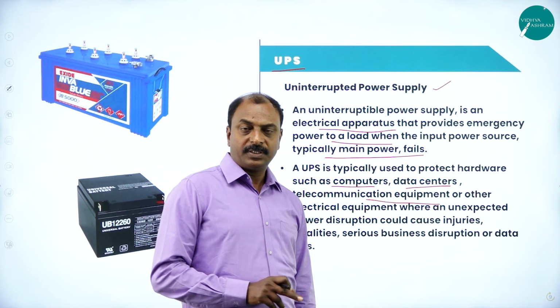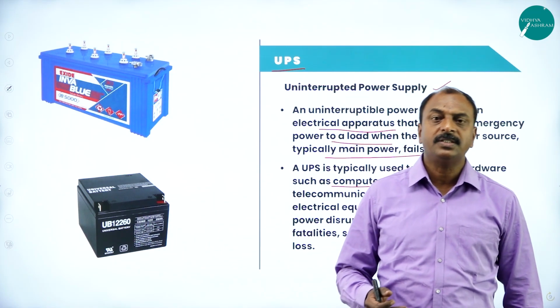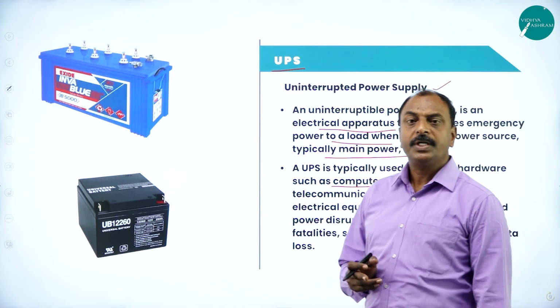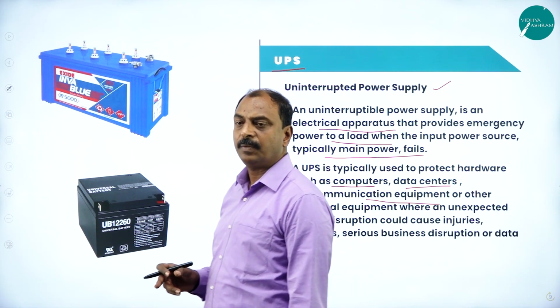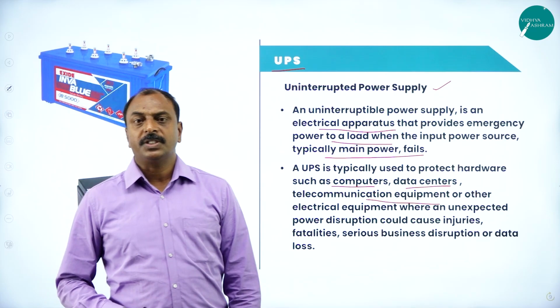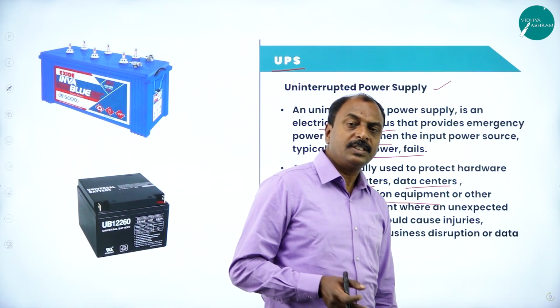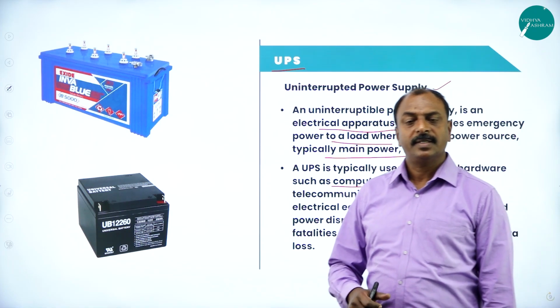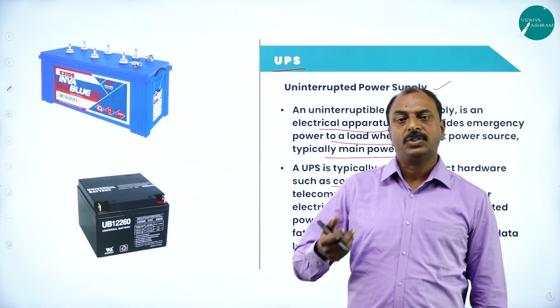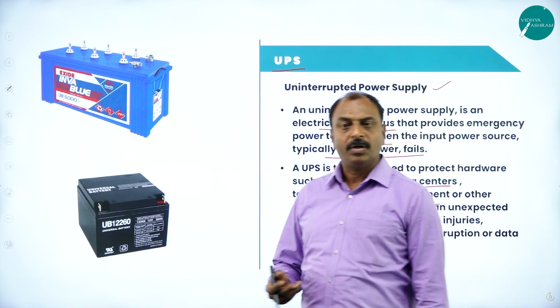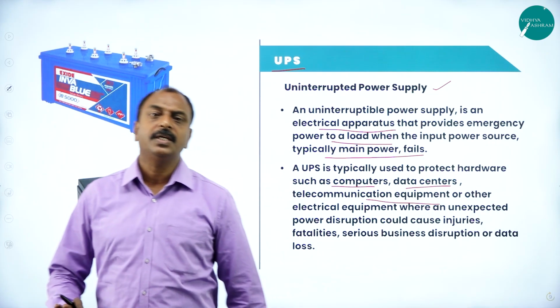But in a standby or offline UPS, the system is run by the main power supply. In the event of power failure, the UPS will switch over to battery mode and then starts giving power from its battery. So that is the main difference between online UPS and offline UPS.